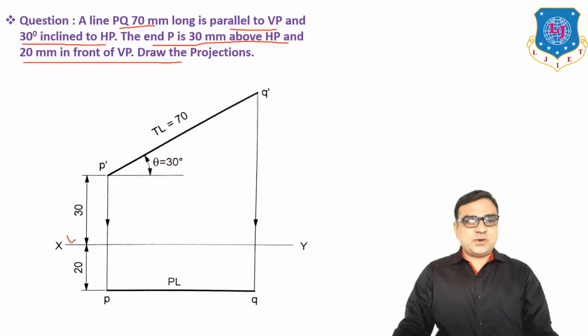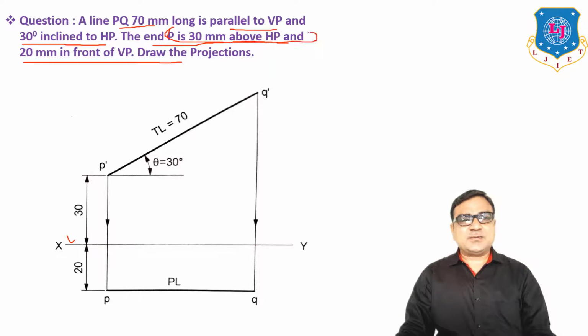First of all, draw a line XY, then draw the projection of point P. P is 30 mm above HP and 20 mm in front of VP, so P is in the first quadrant. First draw P dash and P, front and top view, 30 mm above and 20 mm in front.